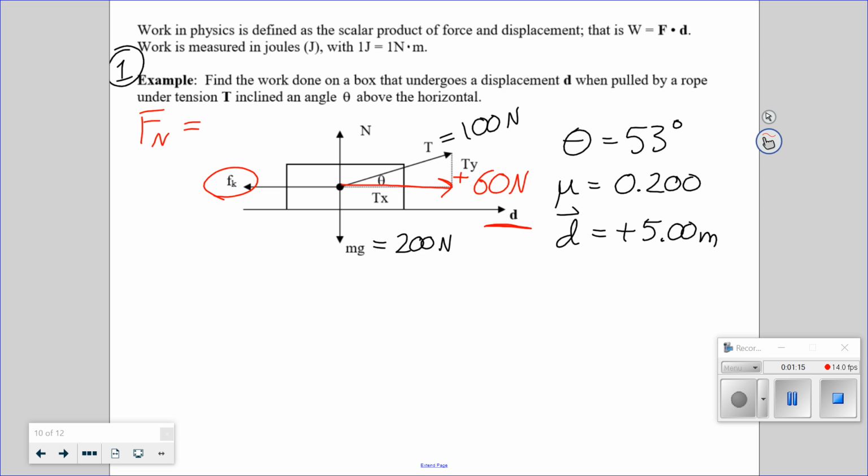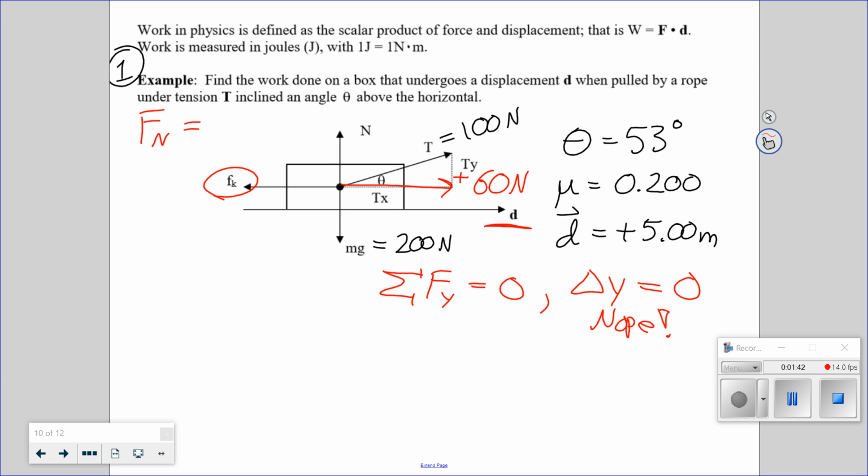But I know right away, from chapter 4, I can say the sum of the forces in the y direction equals 0. I don't come off of the surface. I only move horizontally. But from an energy consideration, all I need to know is that there's no displacement in the y direction.